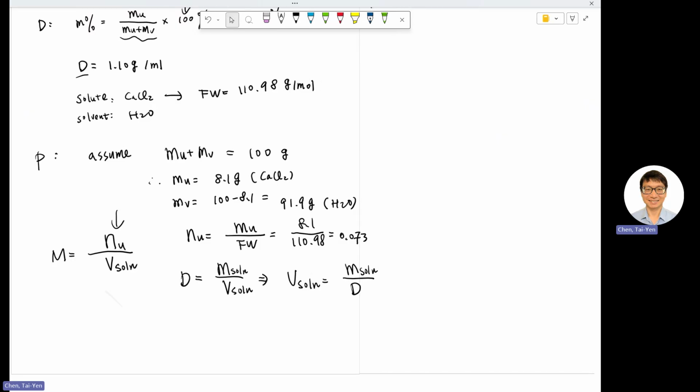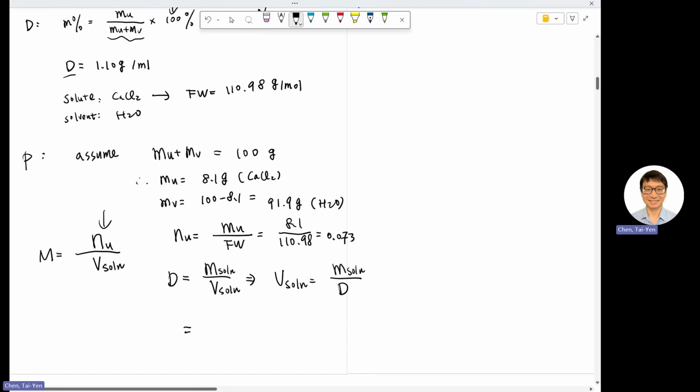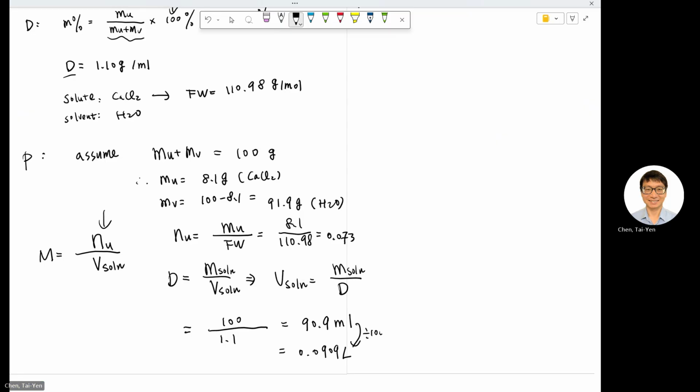The mass of the solution, which is the sum of your solvent and solute, is 100. And the density is 1.1 gram per milliliter. So when you do this calculation, you get 90.9 milliliters, which equals 0.0909 liters. I simply divide by 1,000 to convert the milliliters to liters.